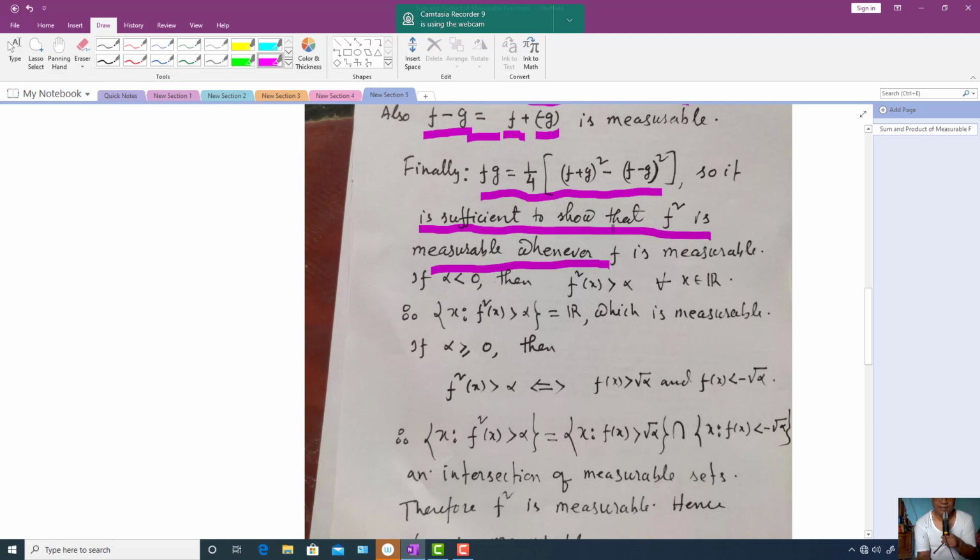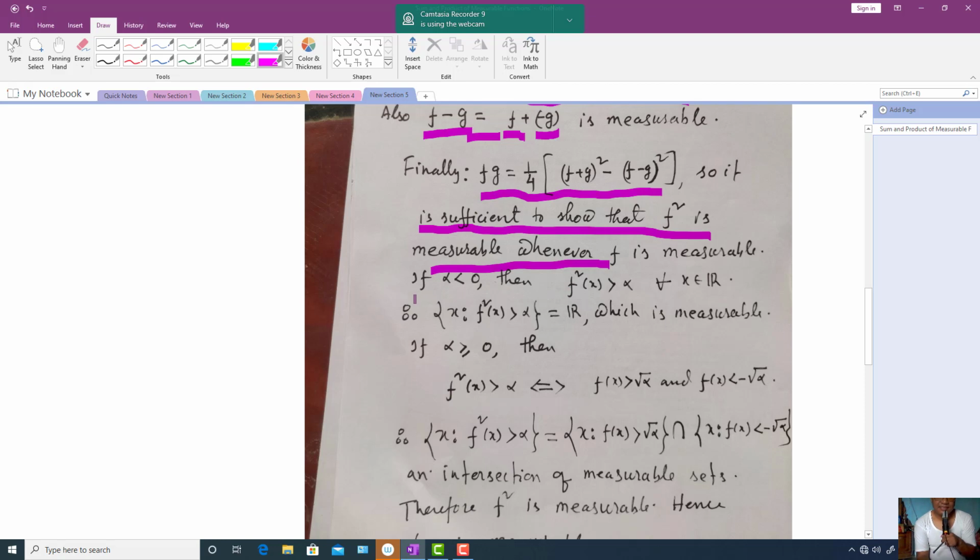Since f plus g is measurable, (f plus g) square is going to be measurable. Since f and g are measurable, f minus g is measurable, therefore its square is also going to be measurable. Then it is done. So let us now prove that f square is measurable.